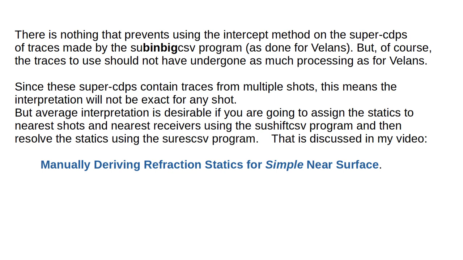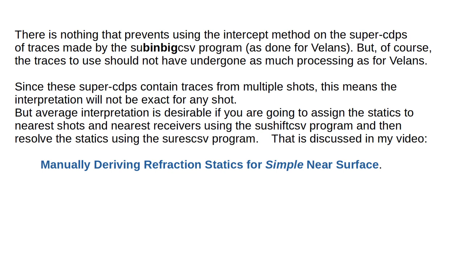There is nothing that prevents using the intercept method on the super CDPs of traces made by the SU-bin-big-CSV program, as done for VLANs. But, of course, the traces to use should not have undergone as much processing as for VLANs. Since these super CDPs contain traces for multiple shots, this means the interpretation will not be exact for any shot.